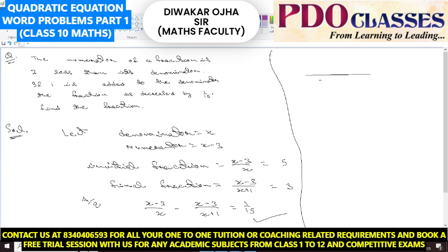If you just take here x plus 1, just cross multiply the upper part. It will be x plus 1 into x minus 3 minus x into x minus 3, and this is equal to 1 by 15, right? Okay, I can take in the numerator part x minus 3 common.